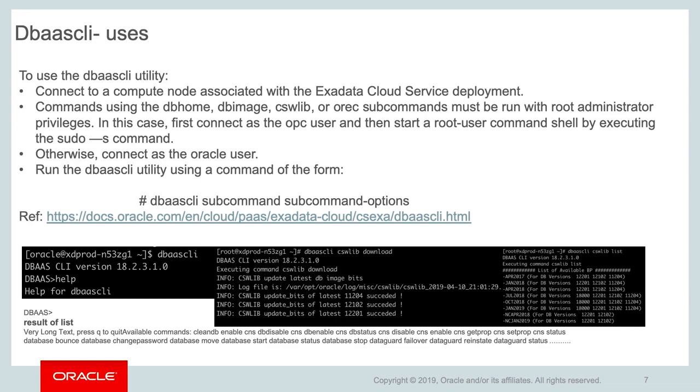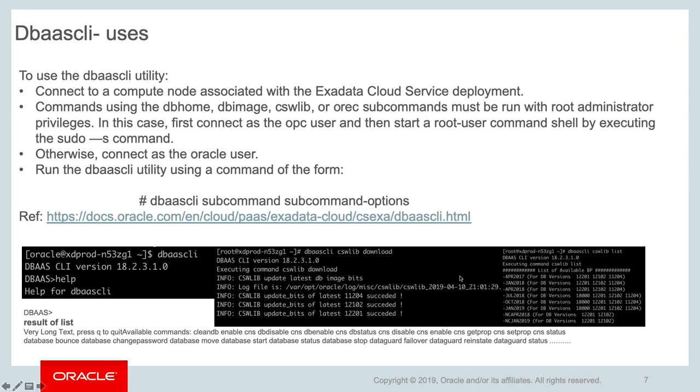In my example, I had 12.2.0.1 compatibility for my grid home as well as database home. So I'm getting updates for all of the 3 homes, starting with 11 to 12. In case you have 18C in your environment, you will also get an additional entry for 18C database, and this particular command is going to download the applicable updates for your environment.